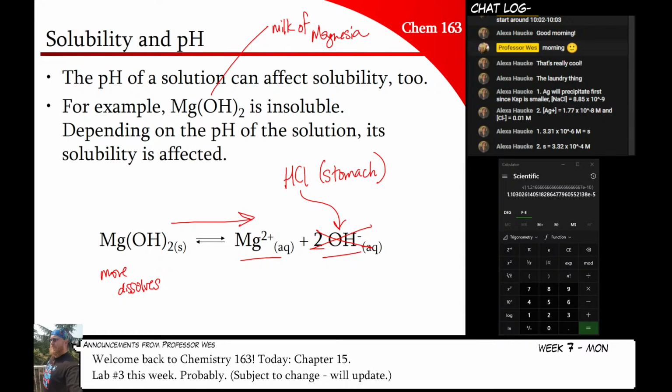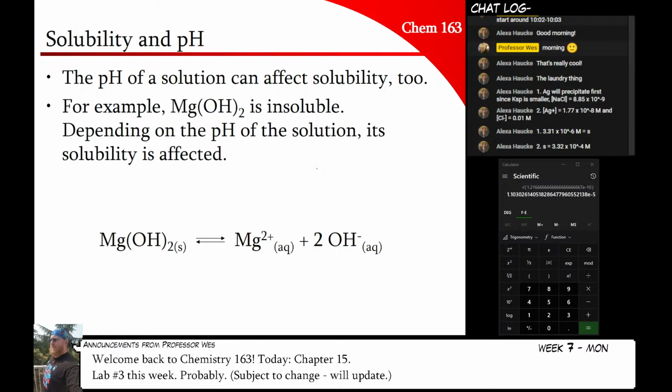Now, if I had a low pH and I had lots of hydroxide, this would go in the other direction. So the solubility for this is very, very heavily influenced by pH. At low pH, this gets reacted and the reaction goes forward.